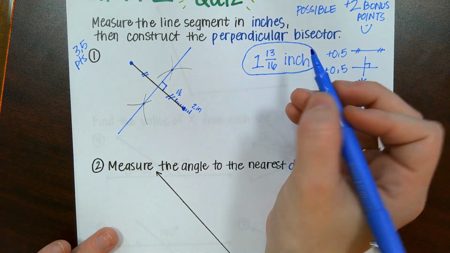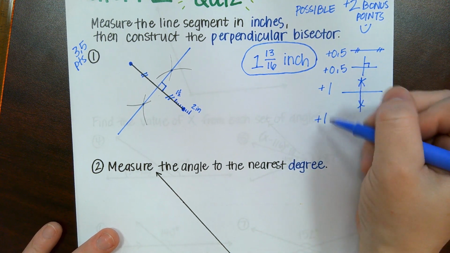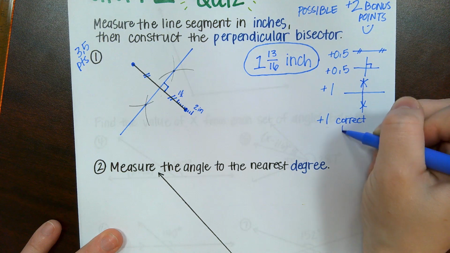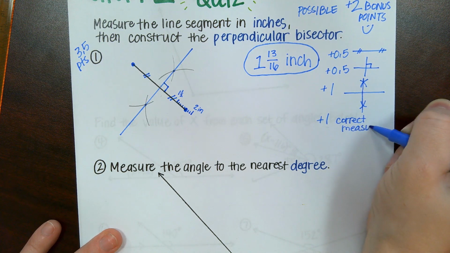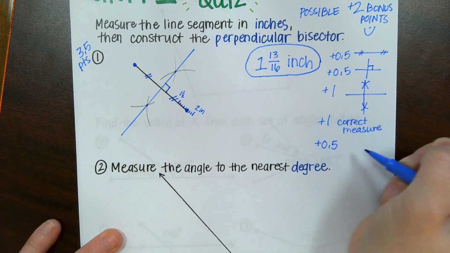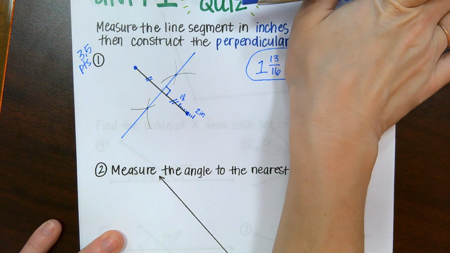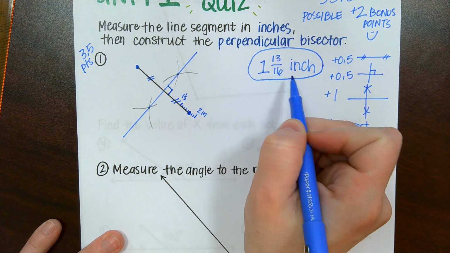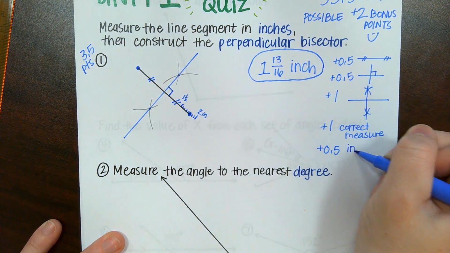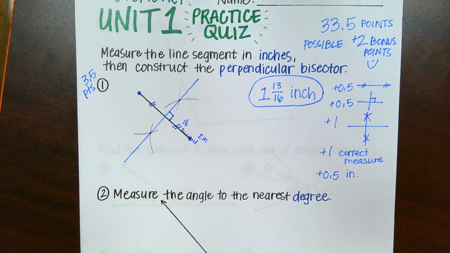So you will get plus 1 point for the correct measurement. And another half a point for remembering to say inches. We don't just say 1 13/16. We need to specify that we're talking about inches here. So I'm going to put inch. All right, there is number 1.